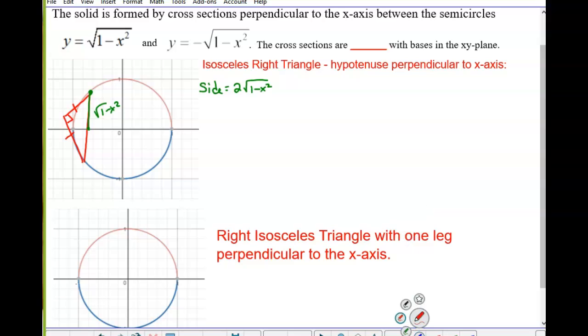Now we got to go to area of isosceles. So we're going to do more side work.